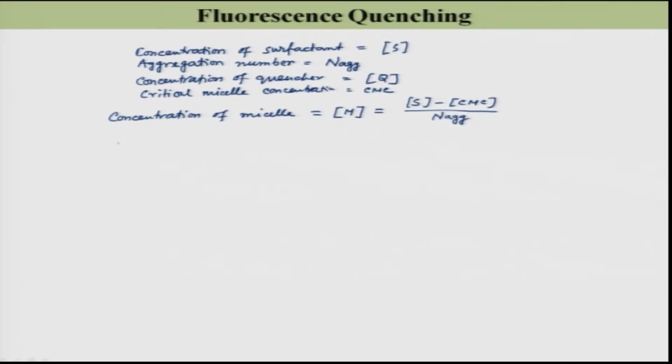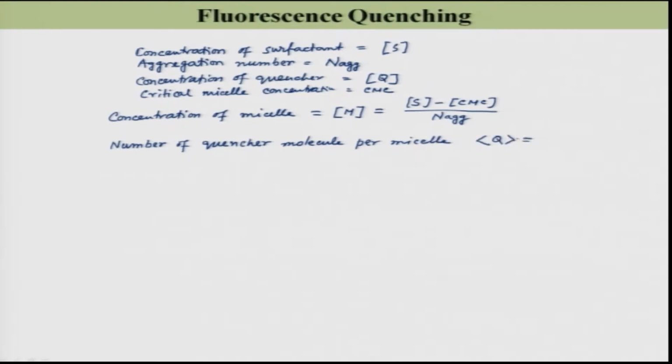And I can now also try to define this quantity, the number of quencher molecules per micelle, represented by this average Q.